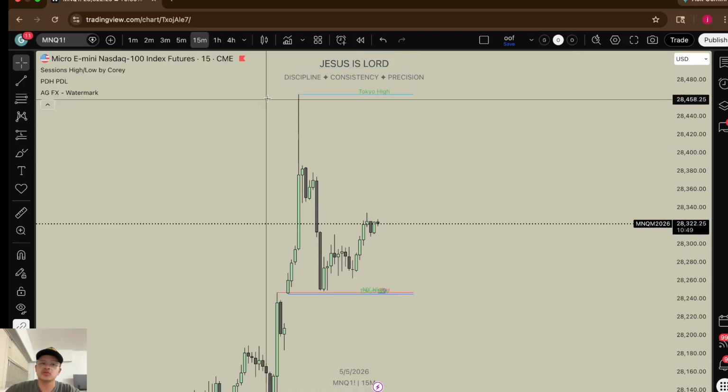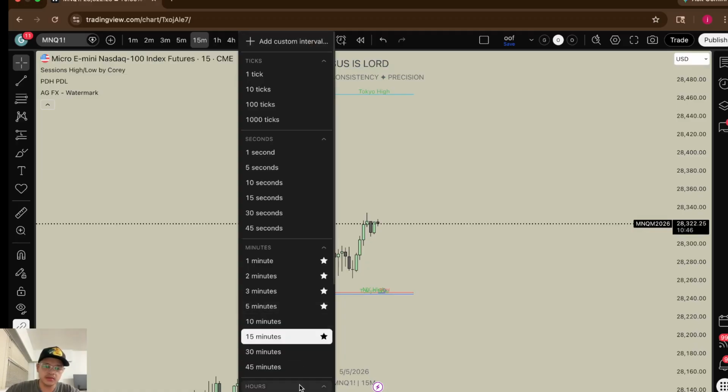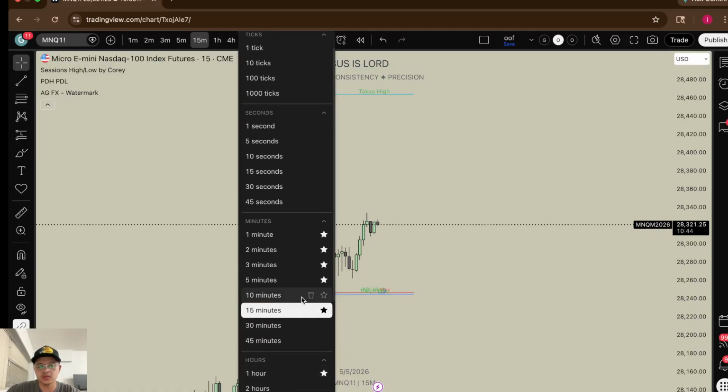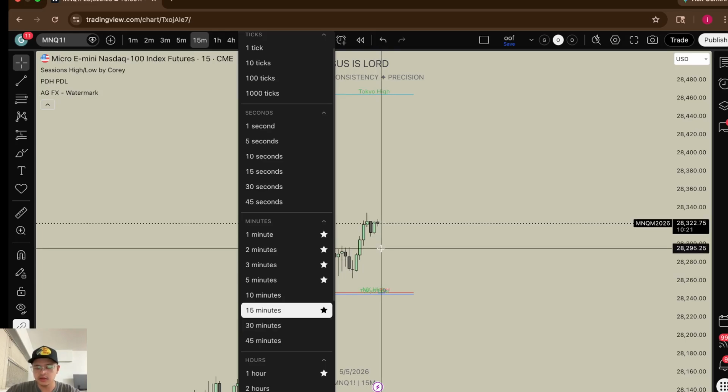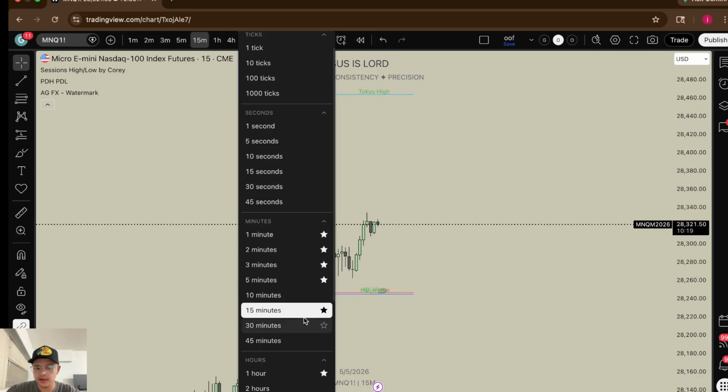So since higher time frames generally carry more weight than lower time frames, price is generally going to be drawn more towards higher time frame fair value gaps like the 1 hour or the 4 hour than the 15 minutes. And price is naturally going to draw more towards the 15-minute fair value gaps compared to the 5 minute, the 3 minute, the 2 minute and the 1 minute fair value gaps. I hope that makes sense.